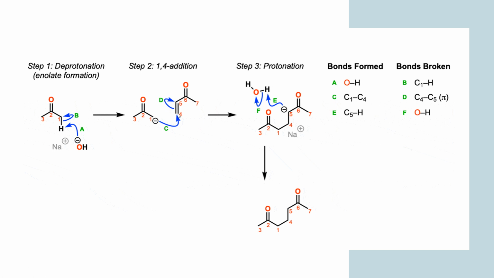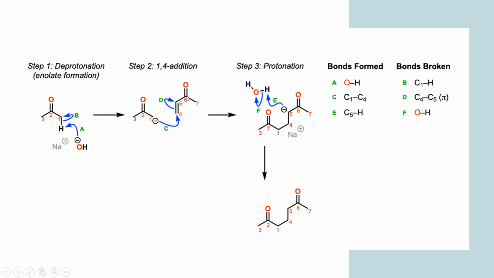After the addition, you get a carbon-carbon bond formation between these two centers, and in turn you get a carbanion here, which can again undergo enolate formation with this C=O bond.